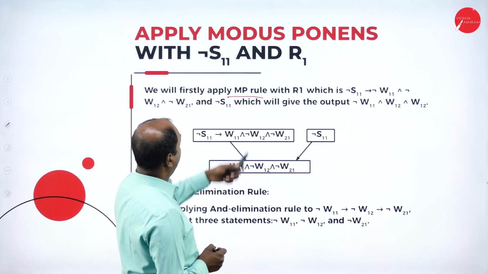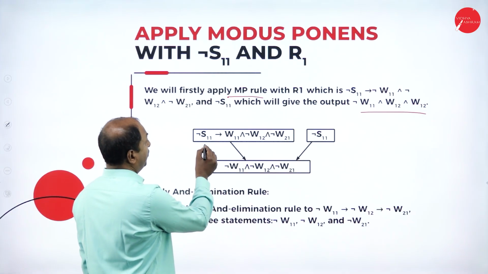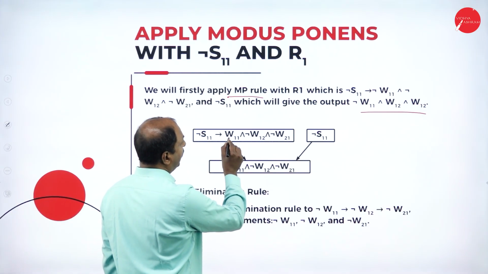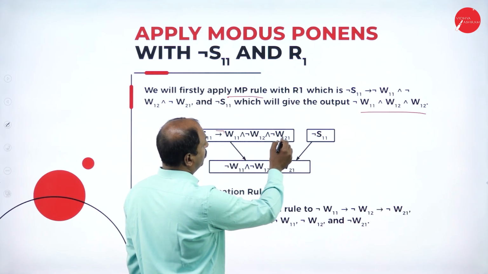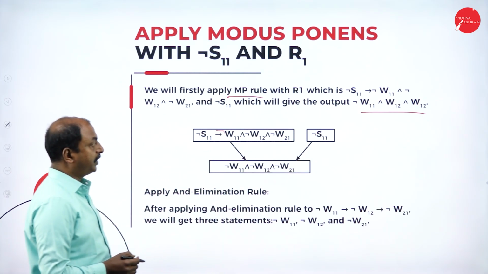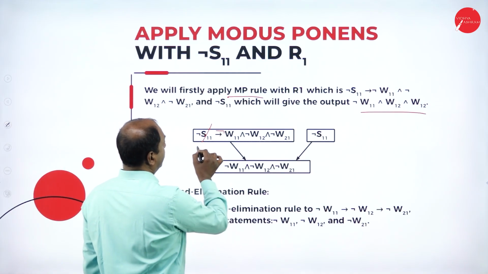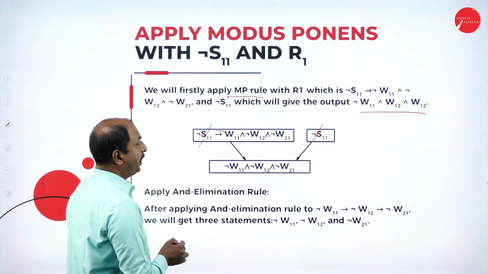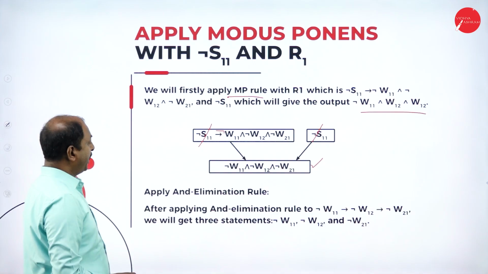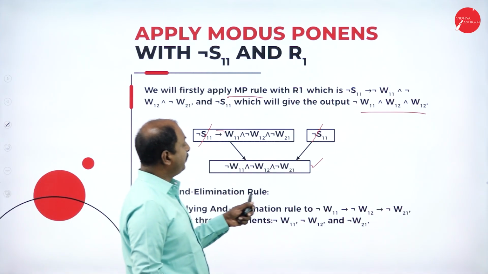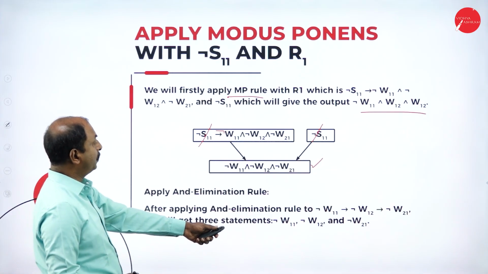If we apply this modus ponens rule to this, we are going to eliminate these variables. We are left with only these 3 variables, these 3 conditions. Now again we have to apply an elimination rule.